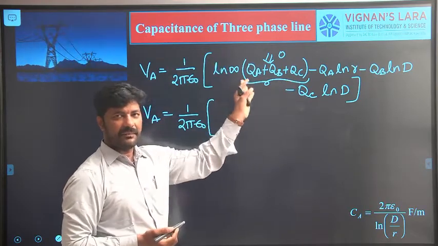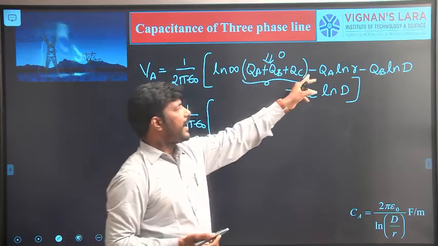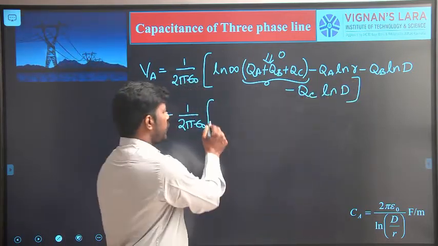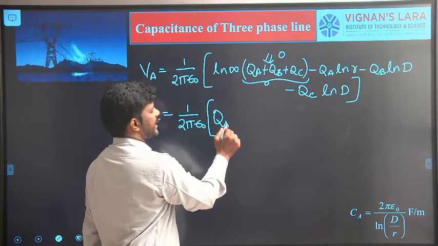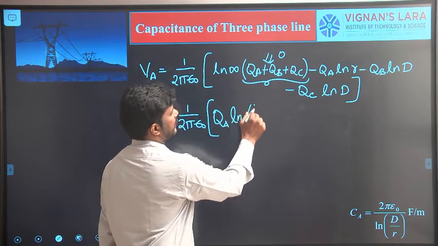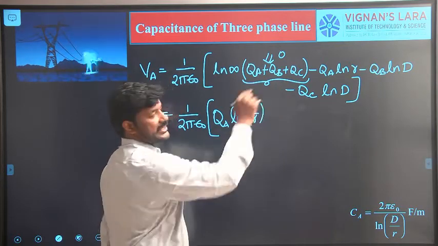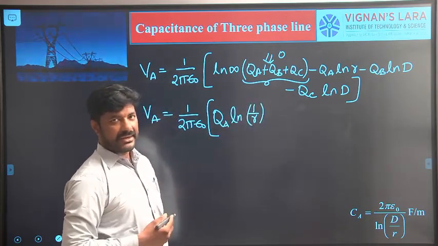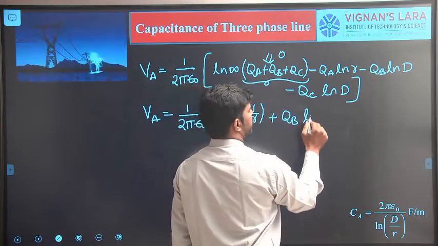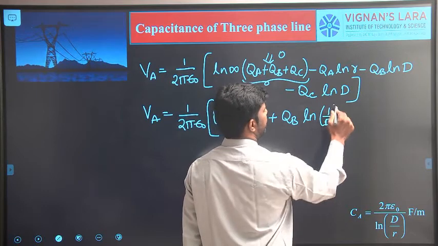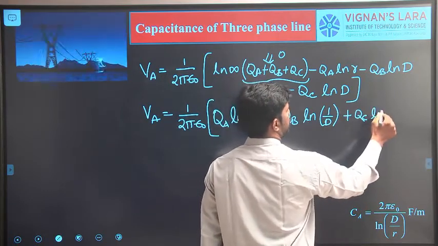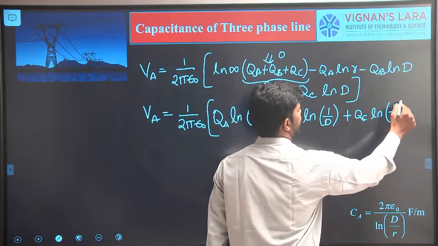Next, minus QA ln of r, to remove that negative sign, I am writing QA ln of 1 by r, because it becomes r inverse, which is nothing but 1 by r, plus QB ln of 1 by d. In the same lines for QC also, to remove the negative sign, QC ln of 1 by d.